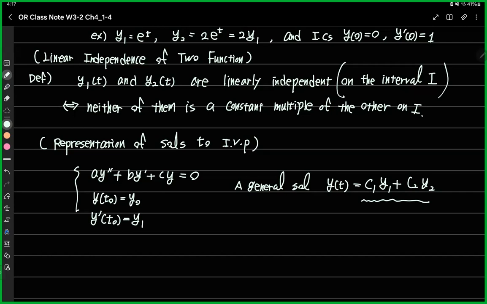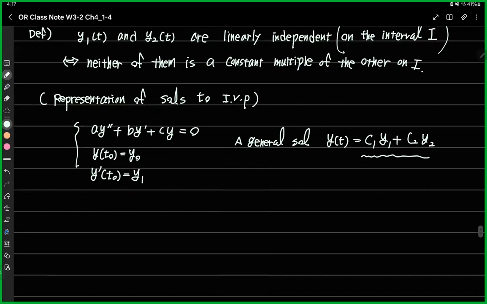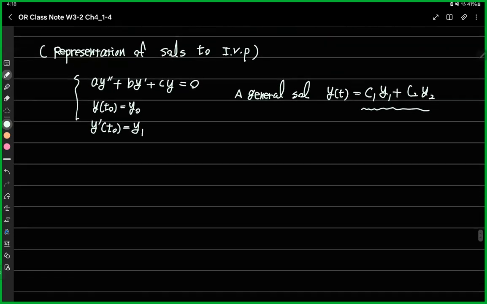So how can you know that two solutions are linearly independent? I'll tell you: the Wronskian. The Wronskian is this: y1 times y2 prime minus y1 prime times y2.